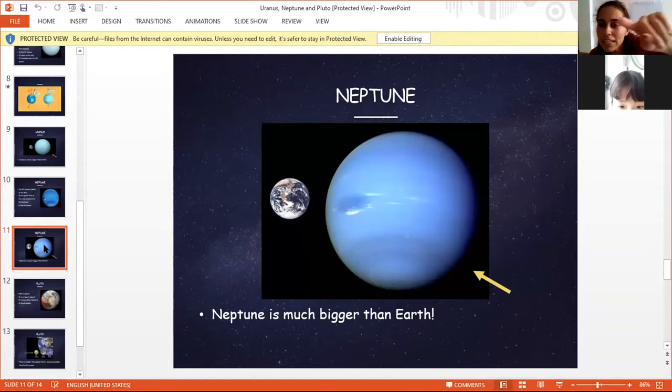Look at the picture, Yuju, how many Earths do you think can fit inside Neptune? If we get the little Earth in the picture and put it inside Neptune, how many do you think would fit? 20? Maybe, right? Maybe 20.